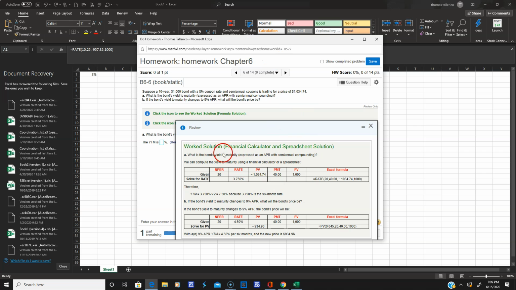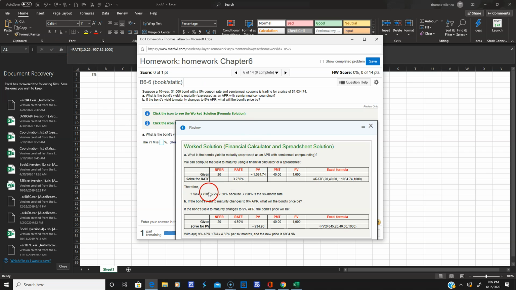Now, what are the payments you're getting? What did I say a couple minutes ago? Not 80, but every 6 months it's 40. And when the bond matures, it's at par value, 1,000. So this is given, this is given, this is given, and this is almost given. You had to multiply 10 times 2. That's easy. You click on rate, and here's your 3.75 rate. That's your yield to maturity.